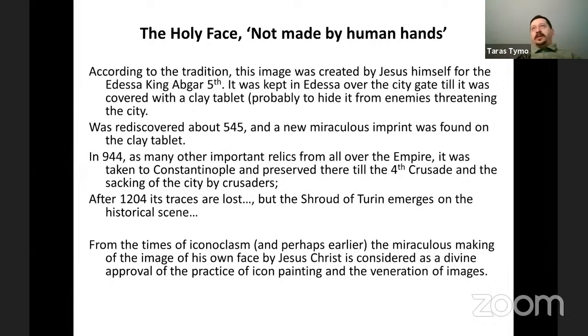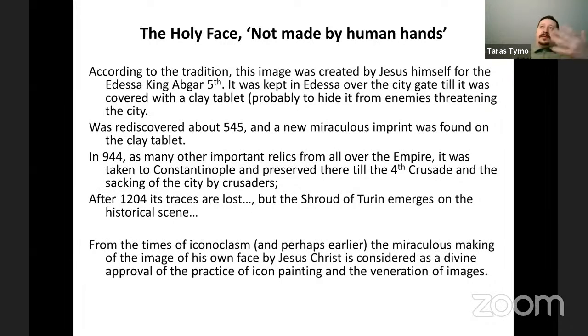It sounds a little bit too apocryphal, and it might be not accurate. But the kernel of truth that is actually present in this legend might be that Edessa, that was Christianized in the 2nd century, actually possessed some ancient cloth with an imprint of Jesus' face.